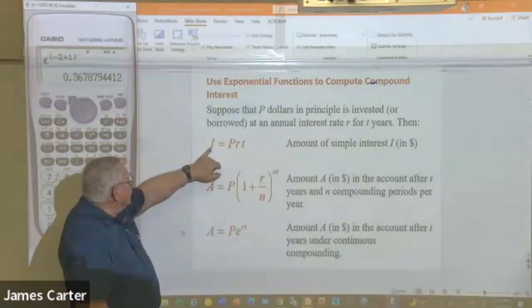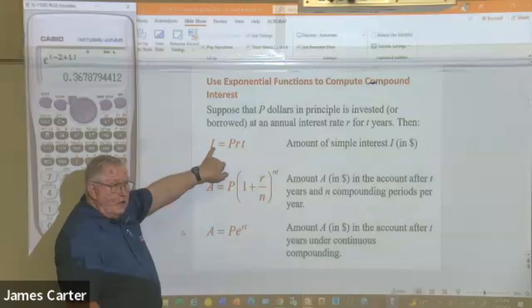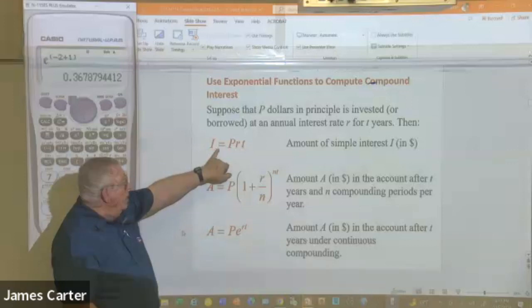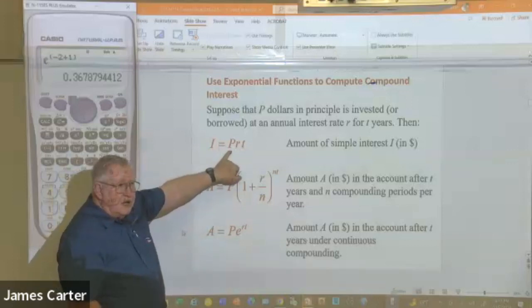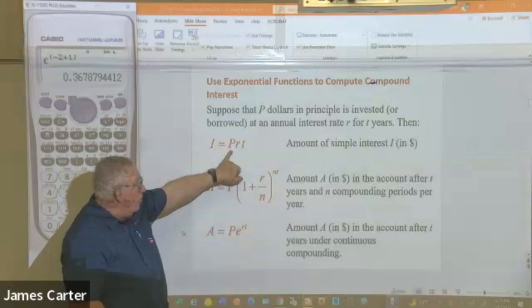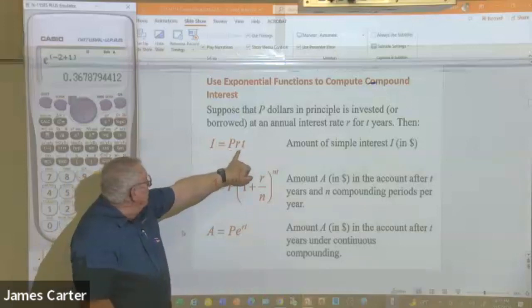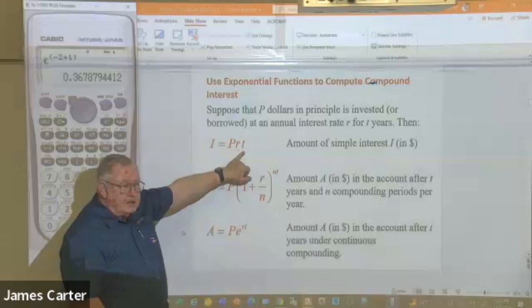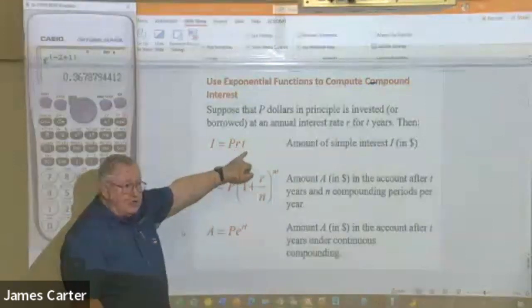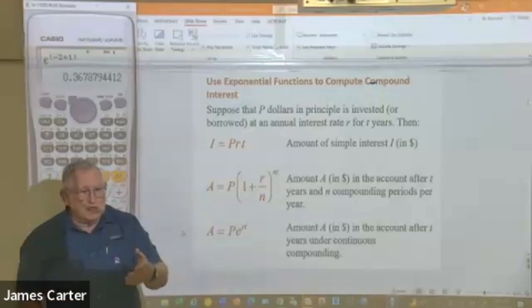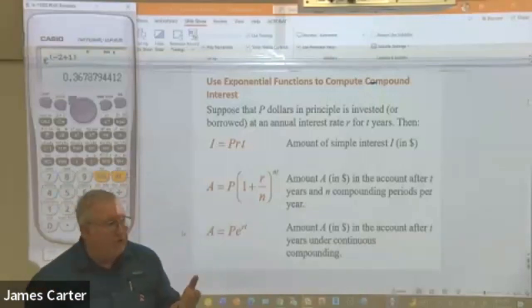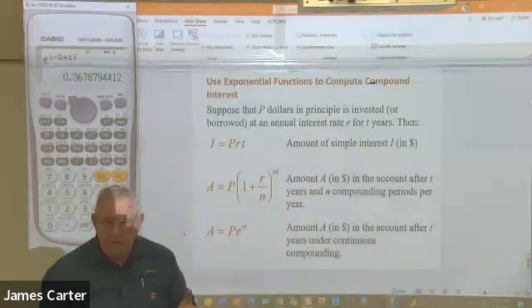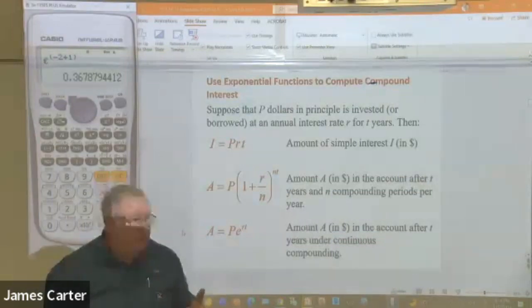Now, interest is the amount they pay you for using their money, or you pay them for using their money. The P is the original amount you borrowed or loaned. The R is the interest rate converted to a decimal. And the time in year proportions per year. For example, 6 months would have to be 0.5 or 1/2. Okay, 9 months would have to be 3/4 of a year.